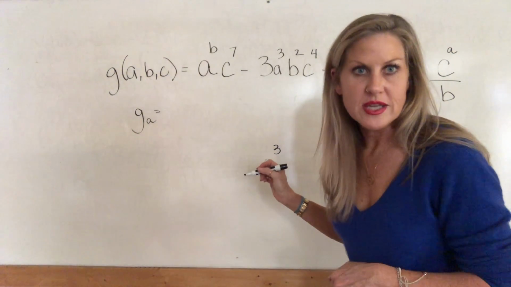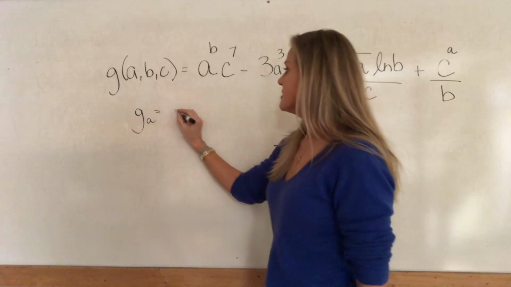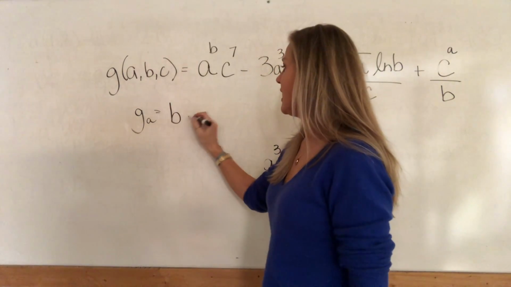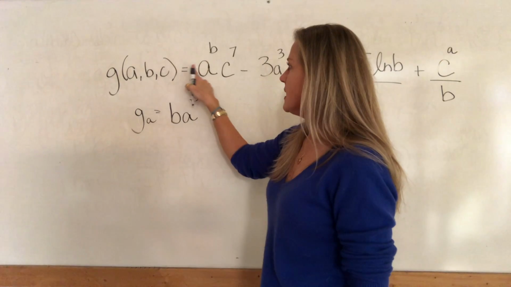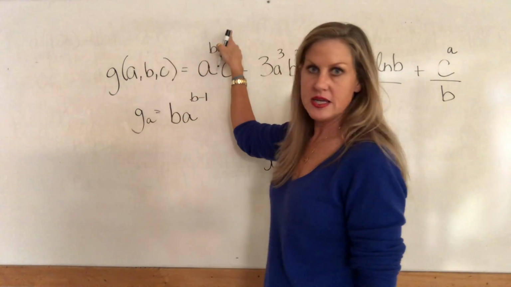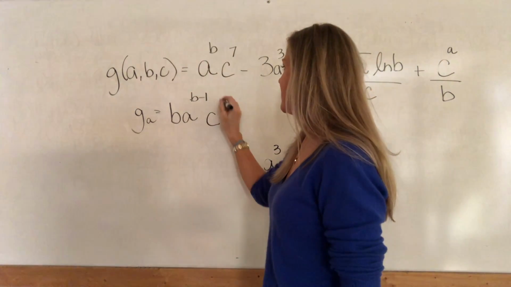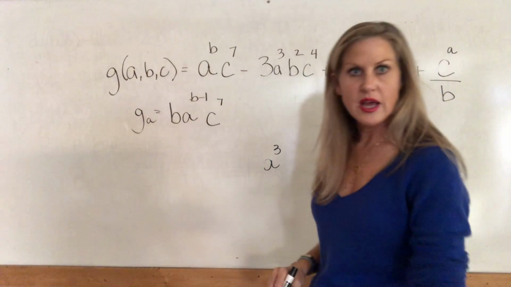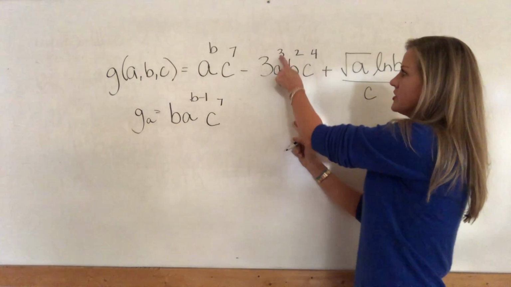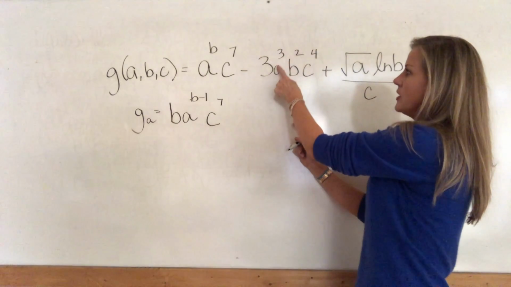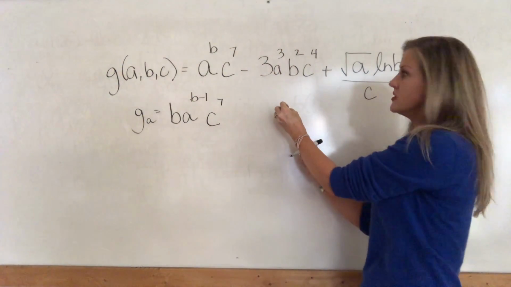So in this case, the derivative is b times a to the b minus 1, and the c to the 7th just comes along as part of the ride.